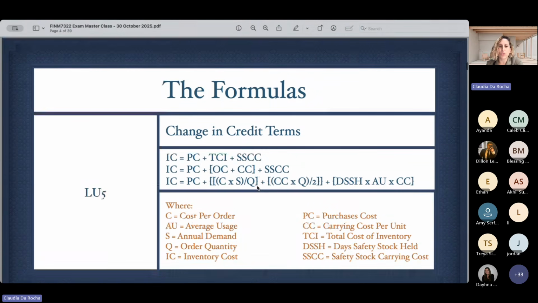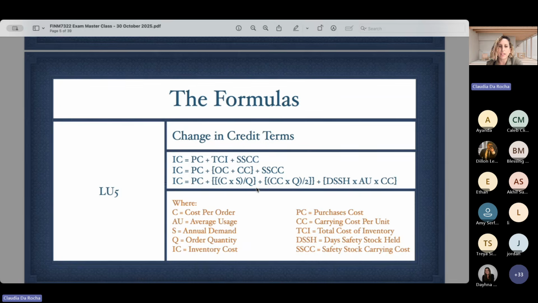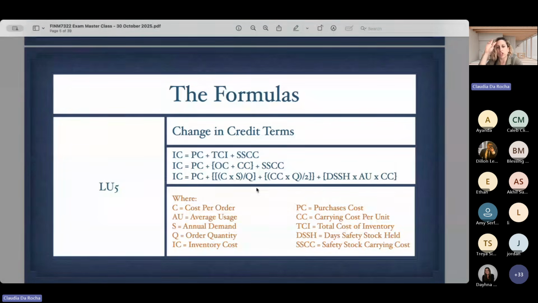To start off with our first set of formulas, it is the change in credit terms. What is quite critical when we're dealing with accounts payable and the change in credit terms is that if there is a change in credit terms question, we are actually looking at inventory.